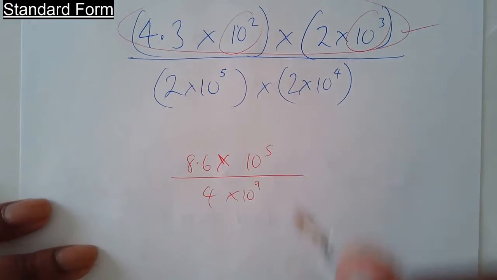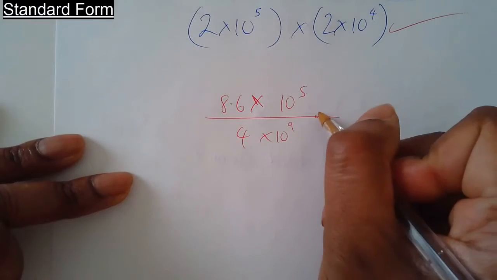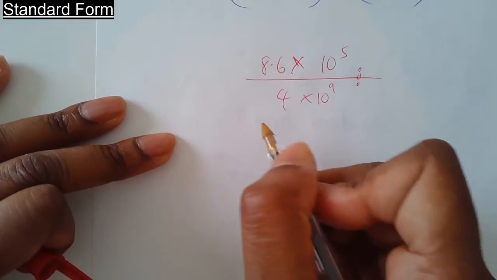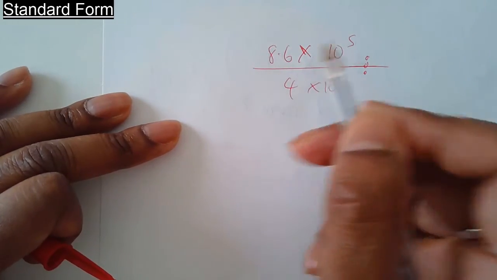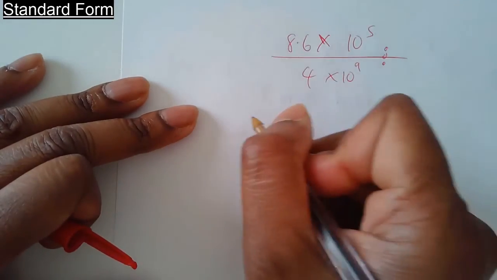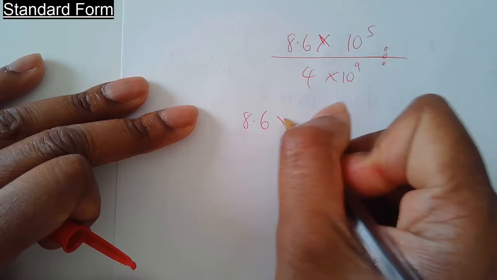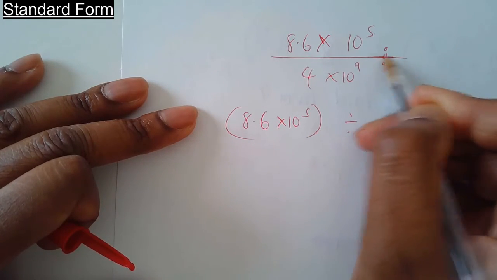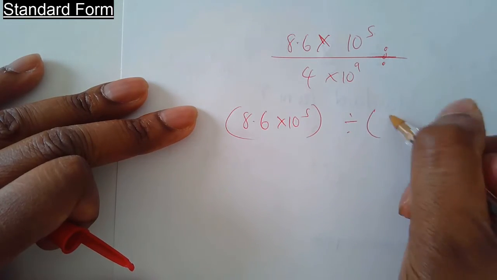Right, not quite finished yet. This is now a division problem. So now what we're going to do is, let me just rewrite that for you. This might make more sense to you. So the top divided by this thing at the bottom.